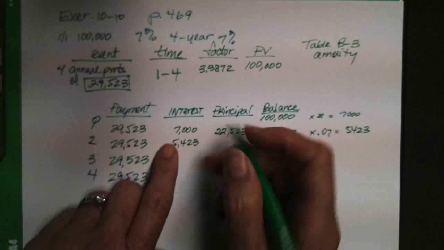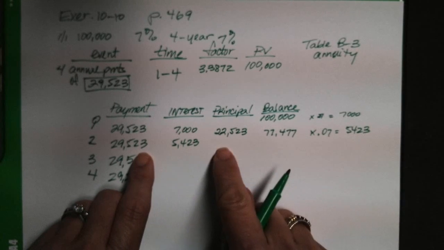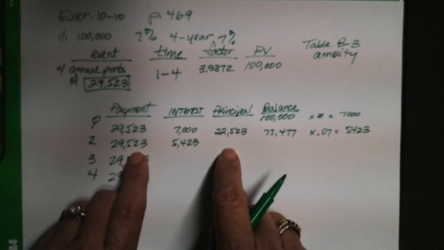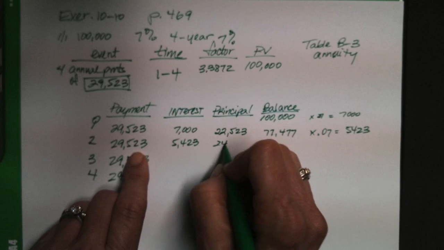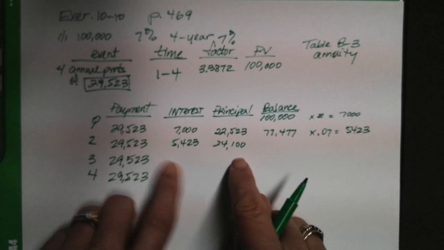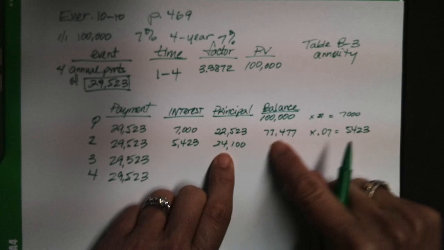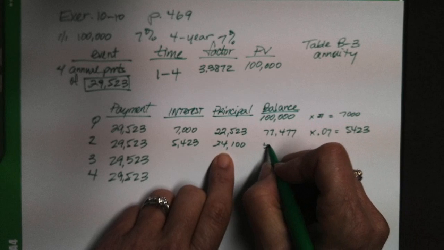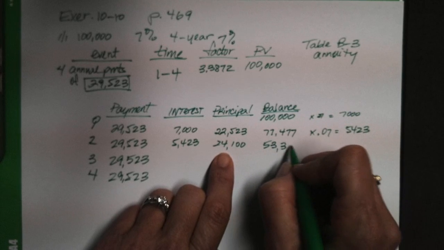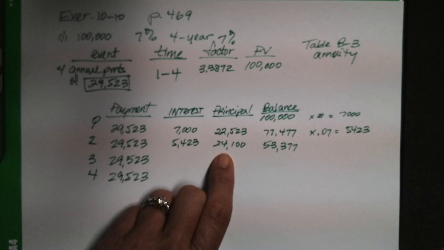See, our interest is reducing and more gets applied to principal each year. That means $24,100 gets applied to principal. Subtract $24,100 from $77,477, and we're down to $53,377 on this loan.